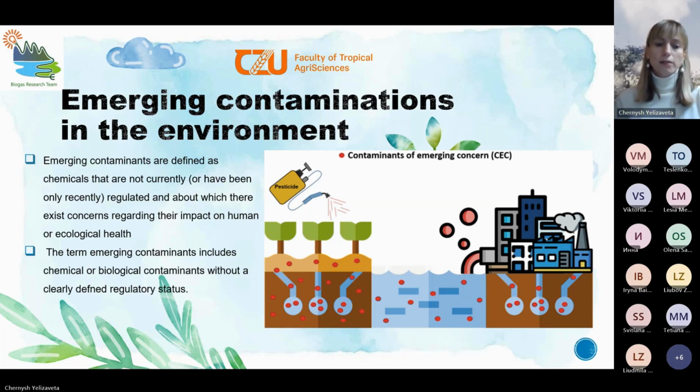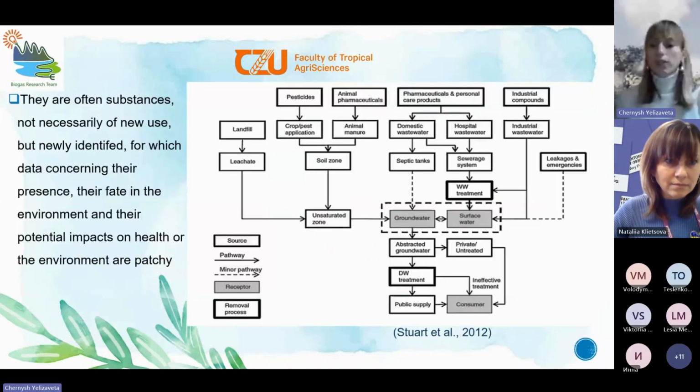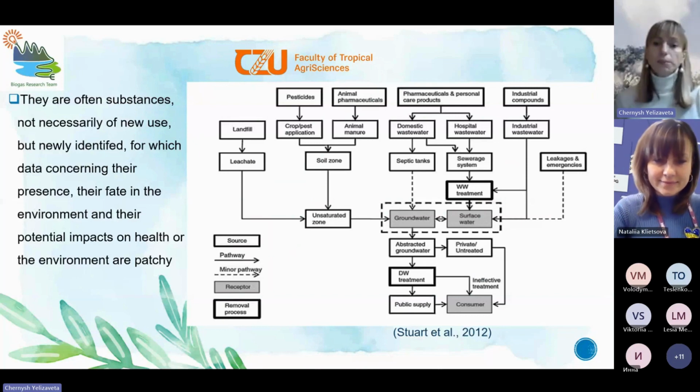Now the new definition of the term emergent contamination includes chemical and biological contamination without a clear, definite regulatory status, and a connection with human activity, a lot of types of activities.